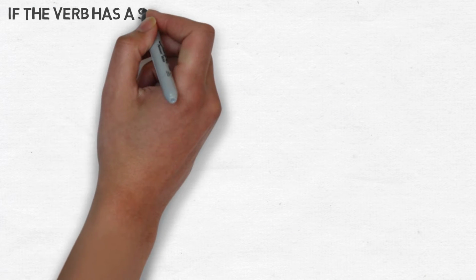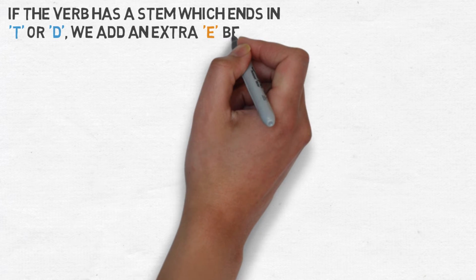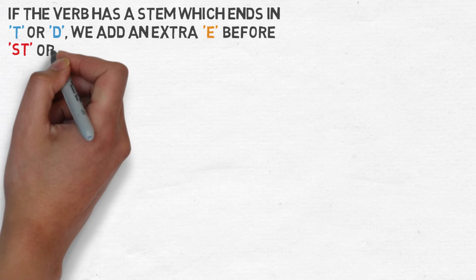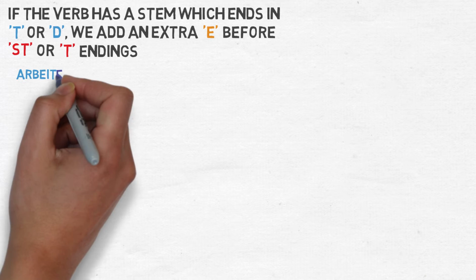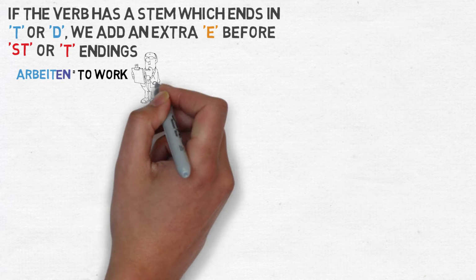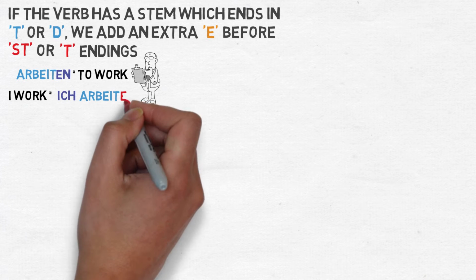Similarly, if the stem ends in a T or a D, you add an extra E before the du ending of st or the er, sie, es or man ending of t. For example, the verb arbeiten is to work. To say I work, we simply say ich arbeite.